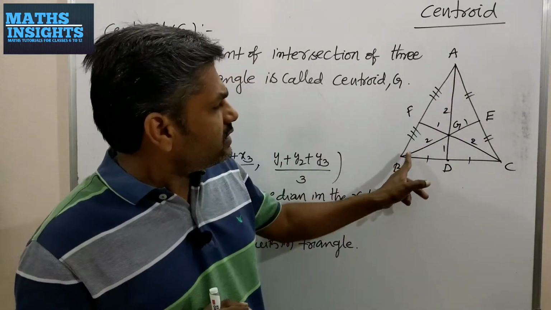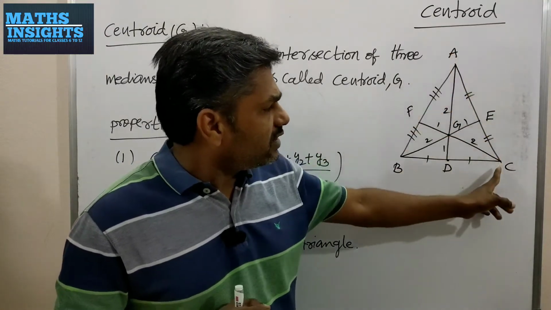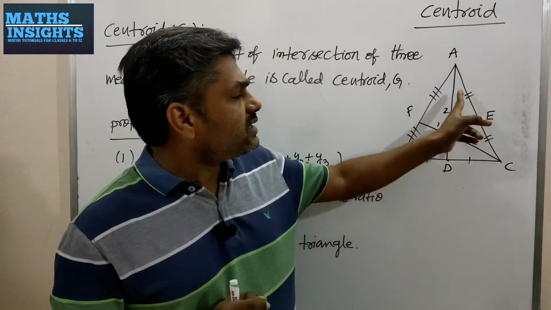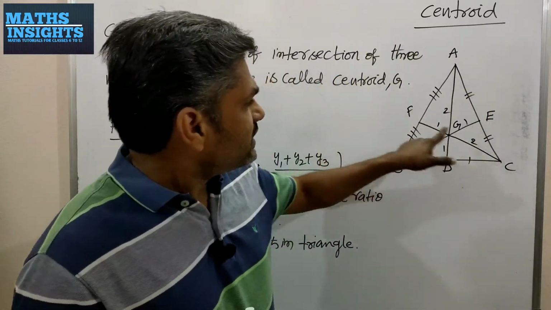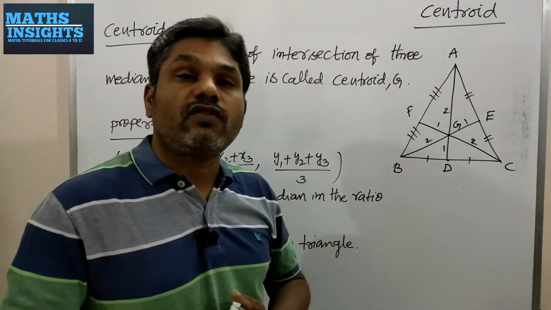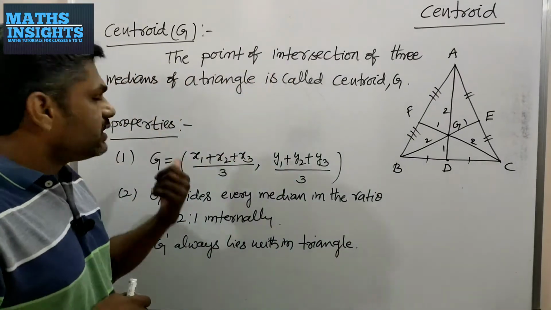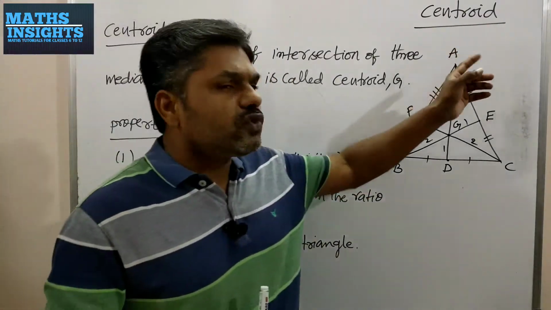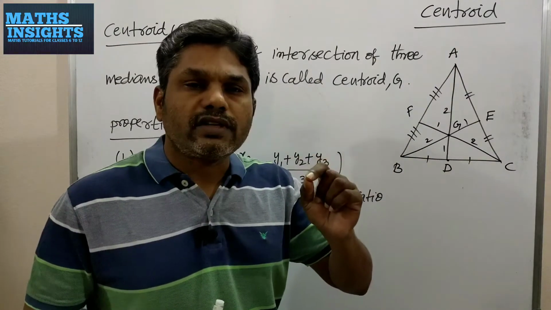Similarly, BE is the second median and it divides side AC into two equal halves, and the third one is CF, which divides side AB into two equal halves. Coming to the properties of the centroid, a vertex is also a point.